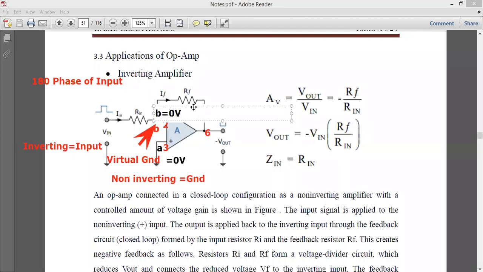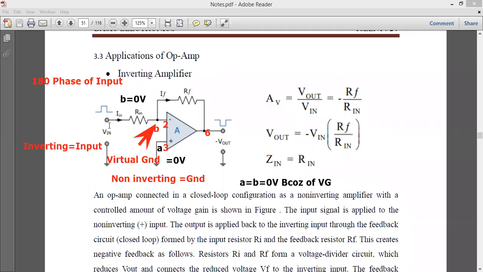Therefore A is equal to small b, which is equal to 0 volt, because of virtual ground. This voltage will become 0.